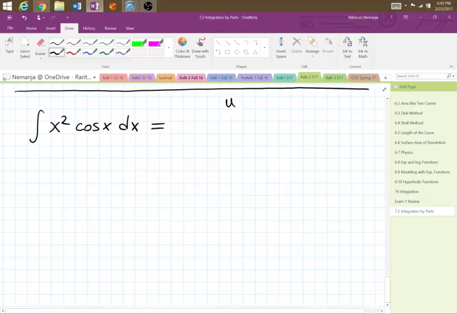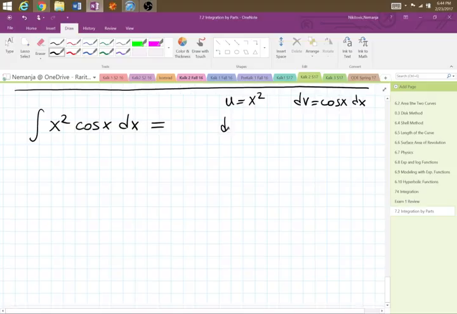u is equal to x squared, and dv is equal to cosine x dx. Now, du is 2x dx, and v, when we integrate dv above, the integral of cosine is, very good, sine x.